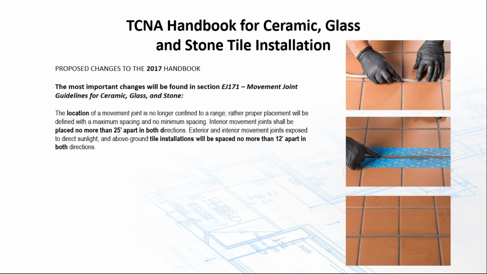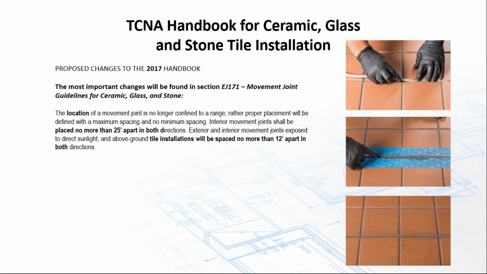Again, following along with EJ 171 in the TCNA handbook, this is the best layout and the best explanation of the movement joints and how they are used and placed. Often I get the request, we want the movement joint to be the same size as the grout joint and we're using a narrower grout joint. Can that be done? Yes, it can be.